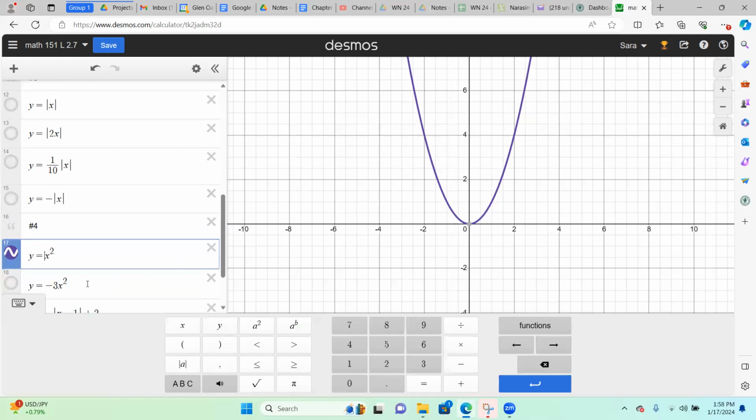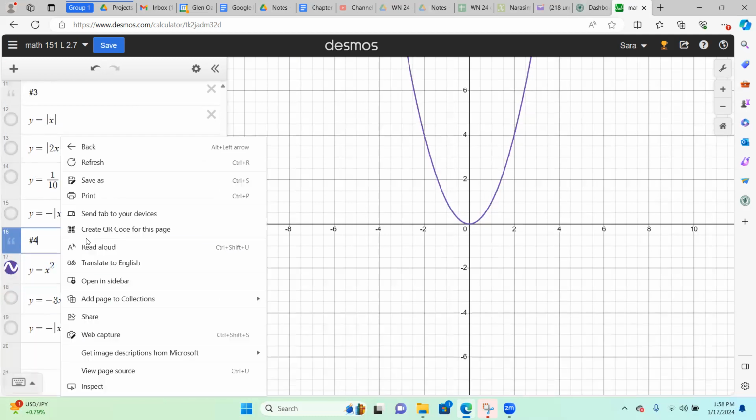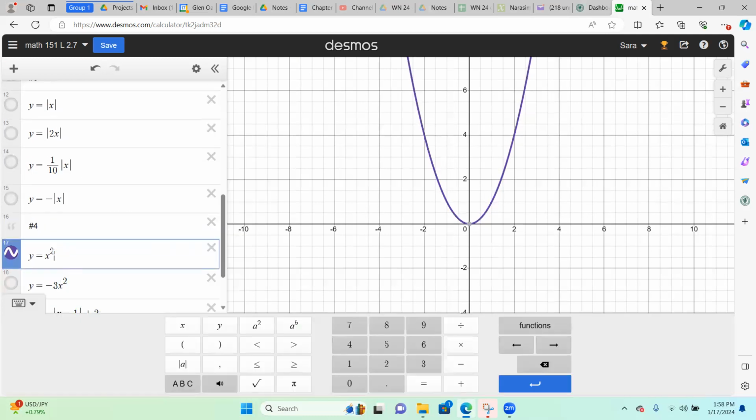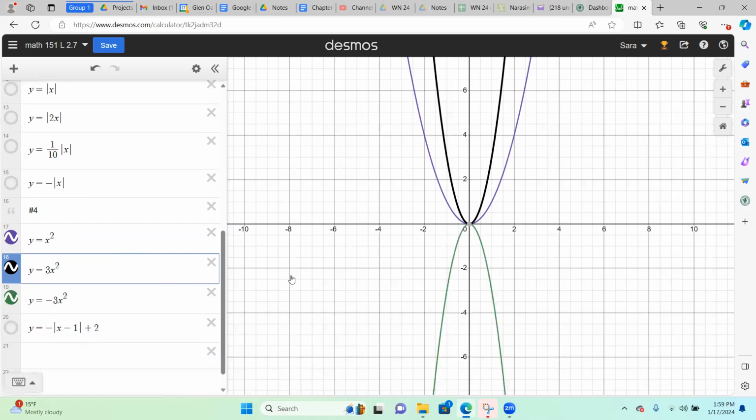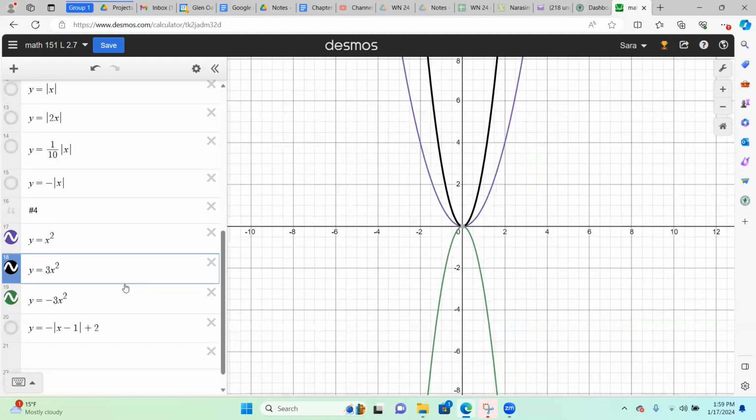And then you can see here, if I scale it up by 3, it gets sharper, more like a V. And then here, if I take the negative of that, it flips it over the axis. It's pretty cool, isn't it?